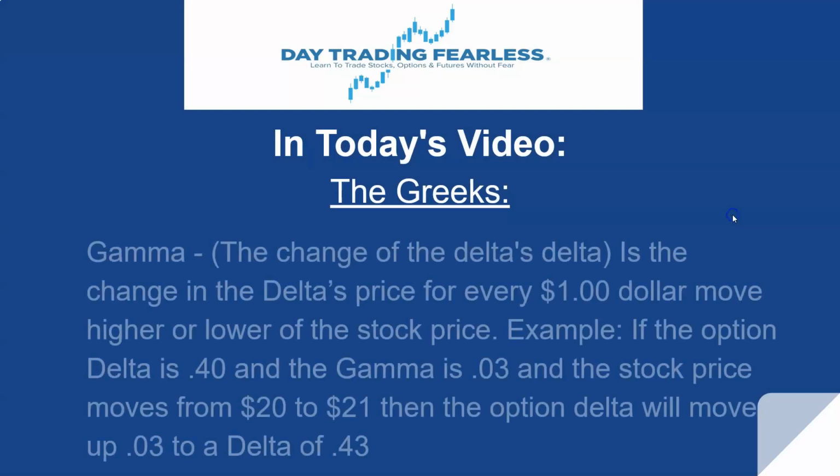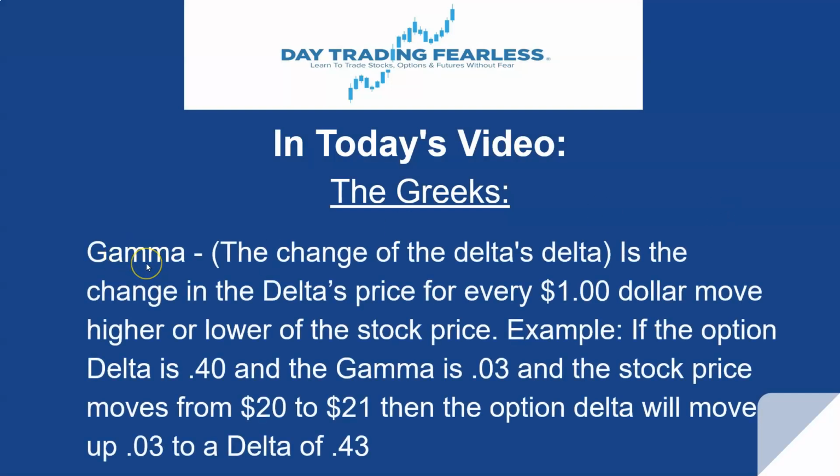So let's go to the next one. These next three, I'm not going to lie, I don't care for them, but we'll go over them. The only two you should really, really care about are the delta and the theta. Those are the only two that I ever use.